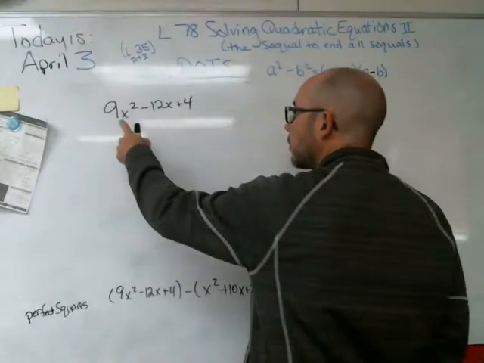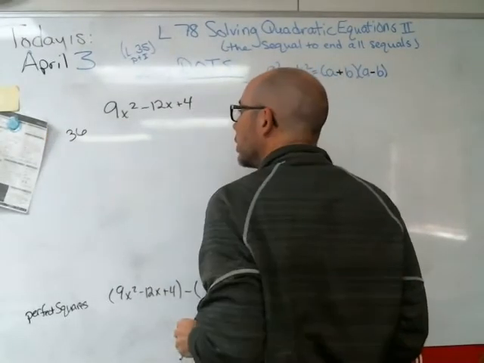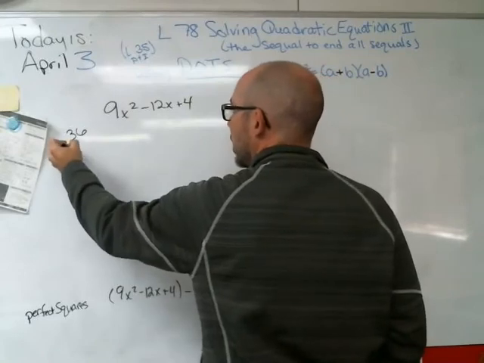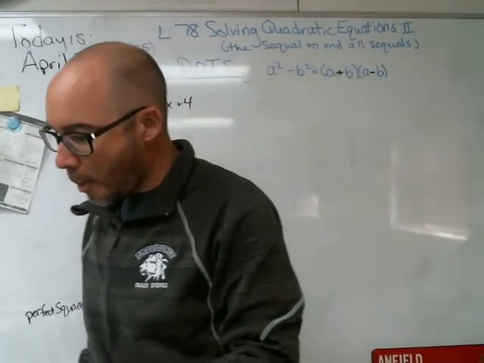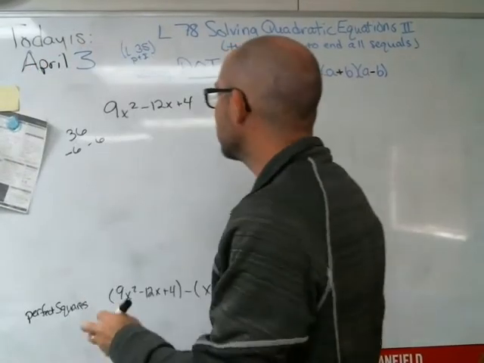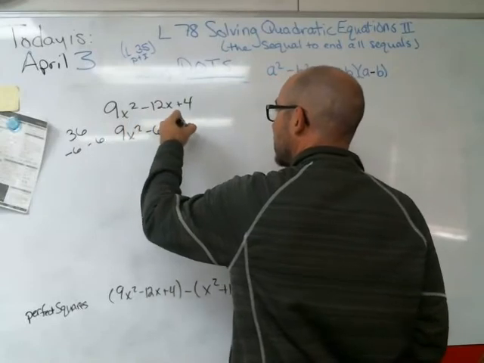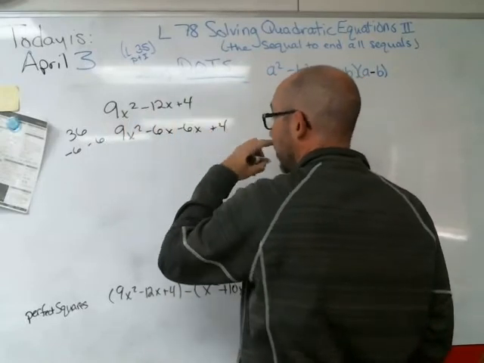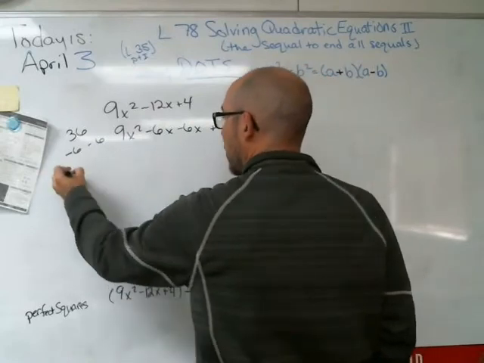Okay, 9 and 4 is 36. 36 breaks down into, I can do negative 6 and negative 6. How about that? How's that sound? Sounds pretty good. So we're going to rewrite this as 9x squared minus 6x minus 6x plus 4. I can kind of see this if I was drawing this as a big old square, right?